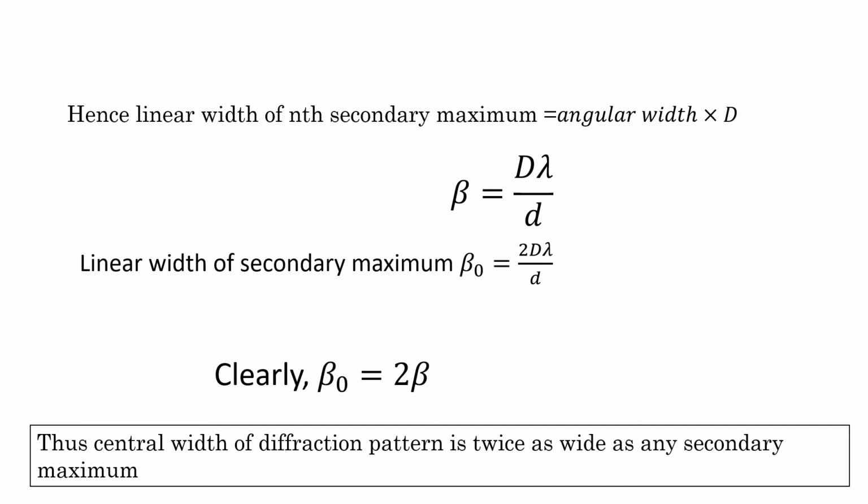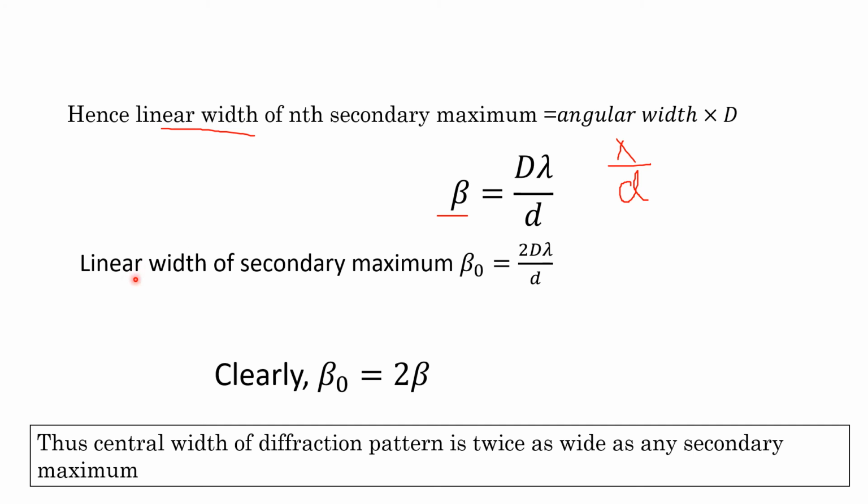So if my angular width is lambda by d, the linear width of the nth secondary maxima will be angular width times capital D, just like in our previous case. So my linear width beta is D times lambda by small d.